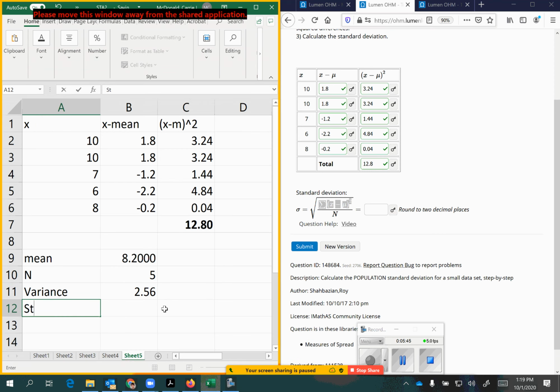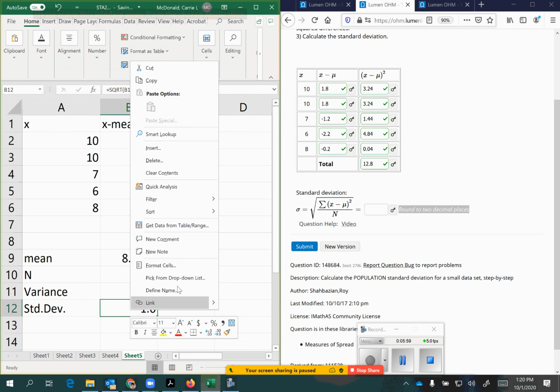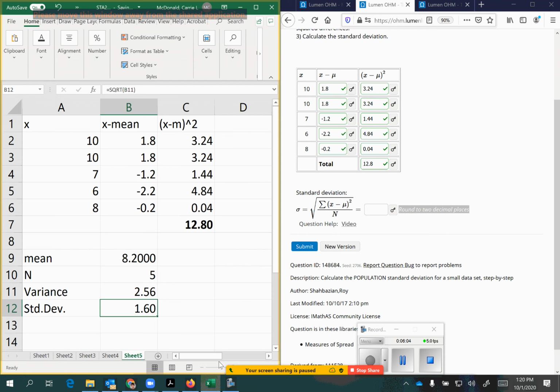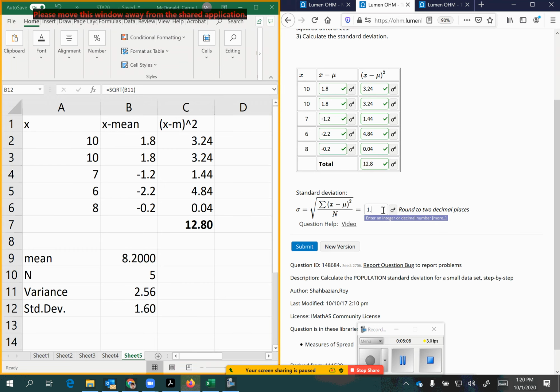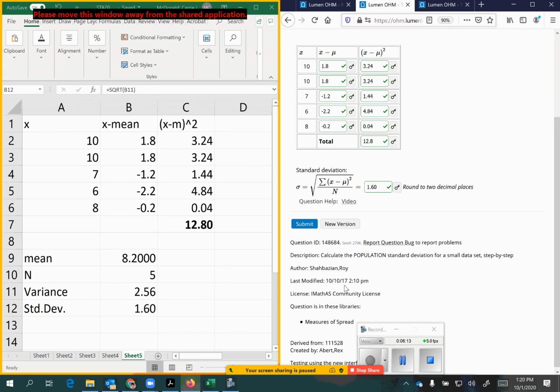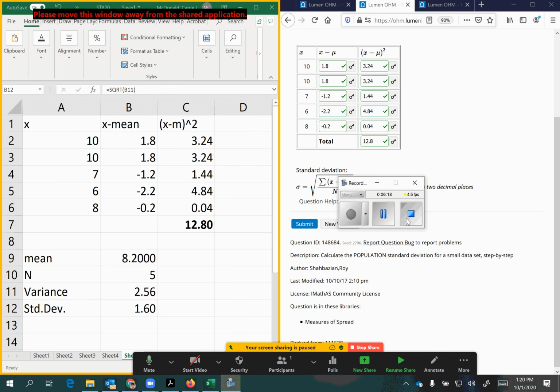Now to make it into a standard deviation, I am going to take the square root of the variance. So I'm getting 1.6. Now it says round to 2 decimal places, and I'm only seeing 1 decimal place. So let me go ahead and change this to 2 decimal places, and I see that it is actually 1.60. Okay, hope that helps with making sure that your rounding comes out correct.